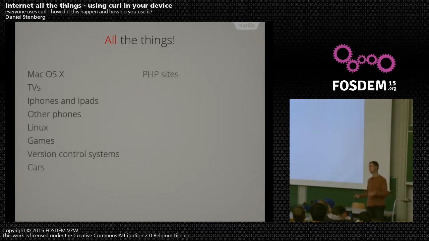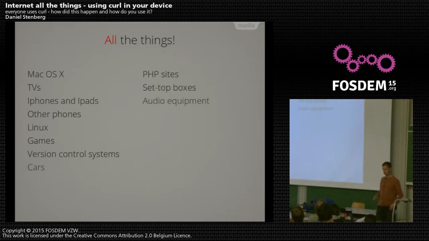PHP sites are very big into it, since curl has been the default way to do HTTP and URL things in PHP since the beginning, or since the beginning of curl at least, 15 years or so. So pretty much all the big PHP sites use it. Set-top boxes, very big into TV things in general, so audio equipment these days, high-end audio receivers, they download a lot of stuff.